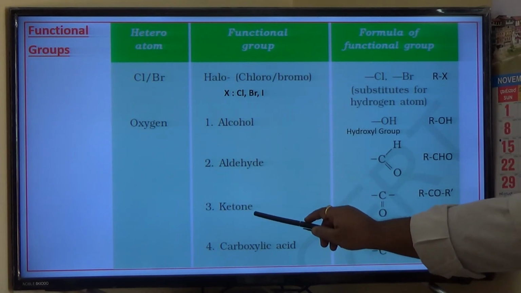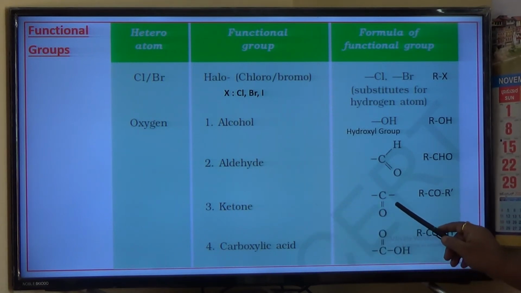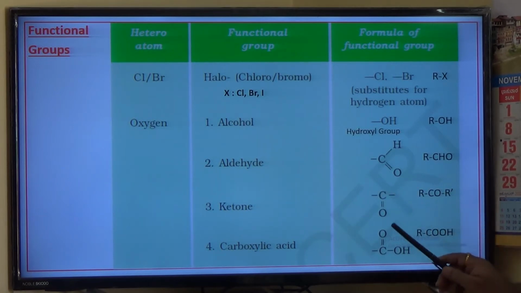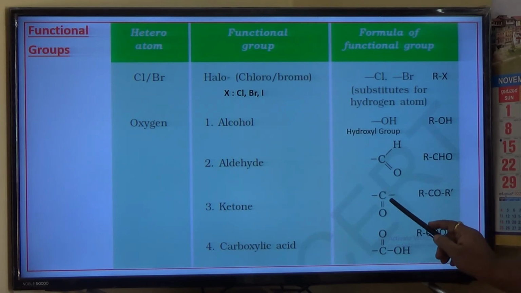Next comes ketone. In this ketone, the functional group formula is C double bond O. O is a heteroatom. C double bond O. According to valency balancing, 1, 2, double bond, 3, 4. Another 2 valencies are left over here, but both the sides we have to attach. What can you attach on both sides? You can attach the alkyl group R and R dash.